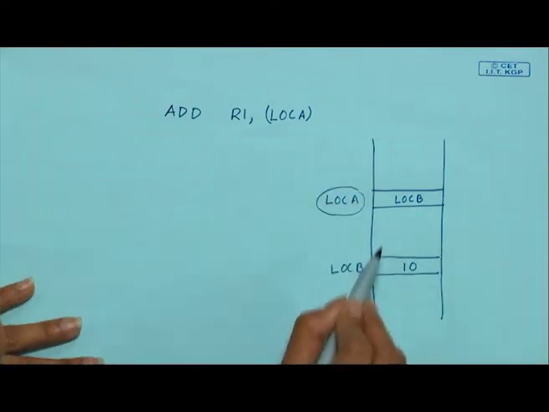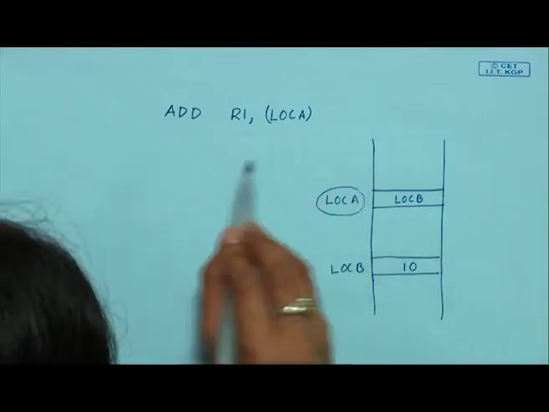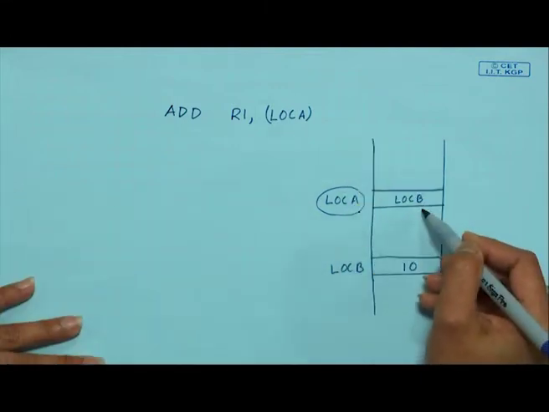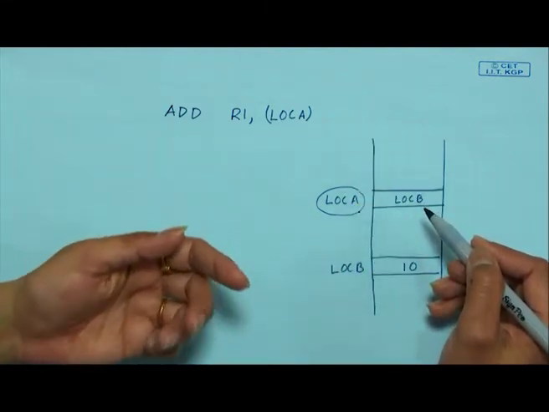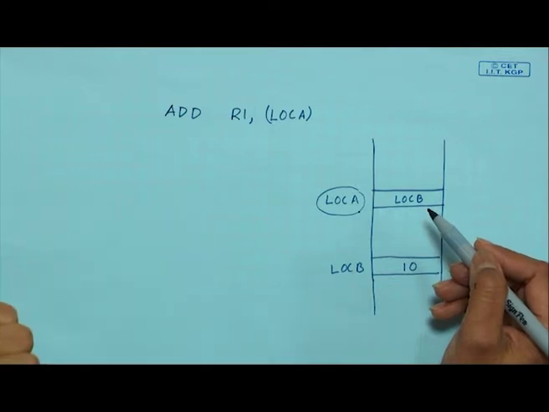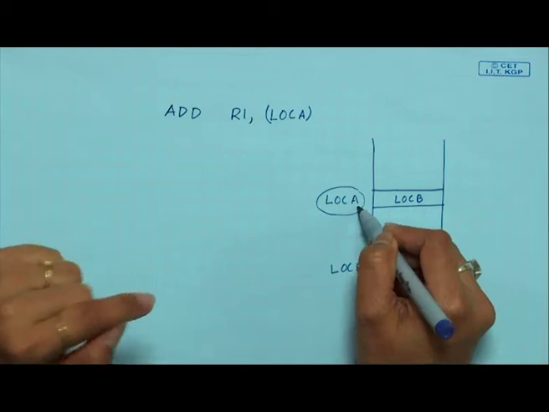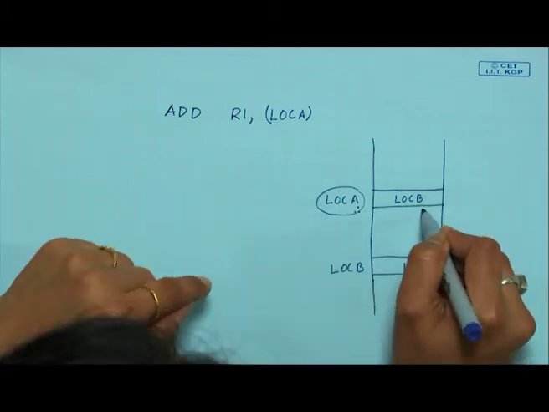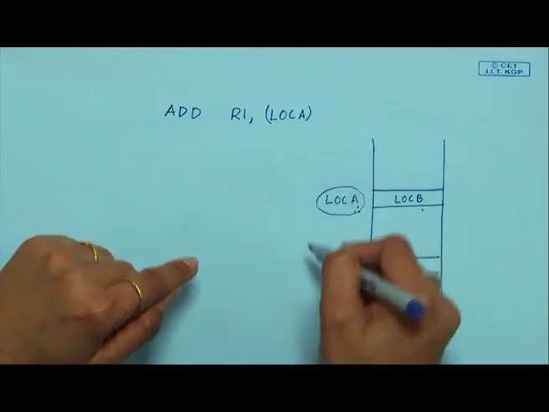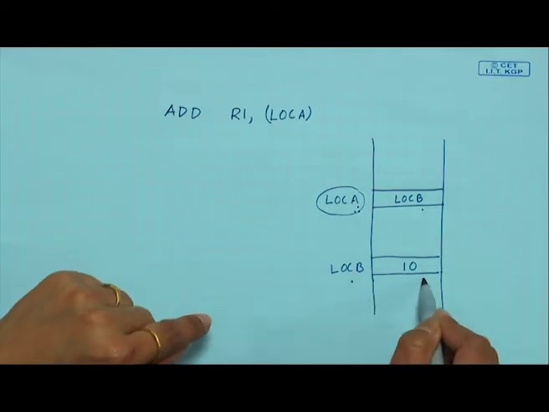So, it is indirect, it is not direct such that I go to location A and get the value like I did in the previous case. In this case, you go to this location, which gives you another location, and you go to that location, which gives you the value.